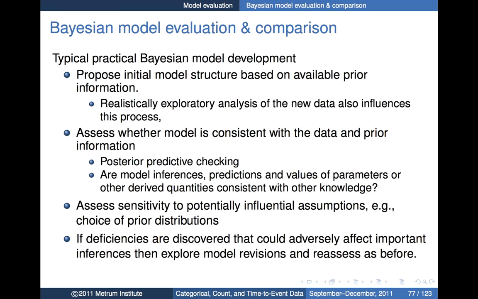And as a preface to this, I was going to give you at least one perspective on what a Bayesian model evaluation and comparison process would look like, and actually give you a view of a typical Bayesian model development process and how the model evaluation fits into this. The approach I'm presenting here might be somewhat different from other approaches you've been exposed to that may involve a great deal of model comparison and rejection.